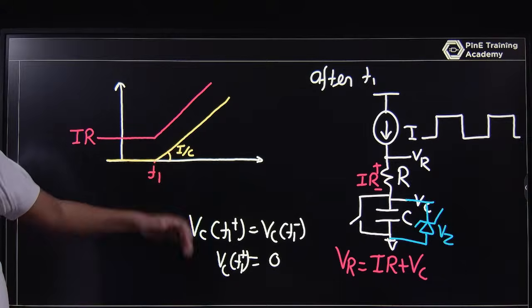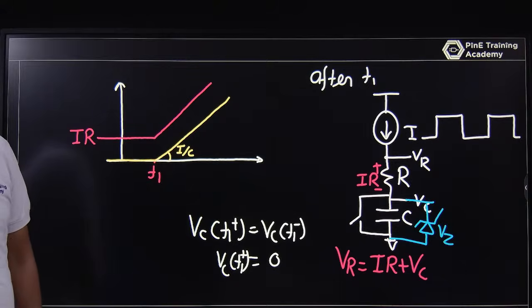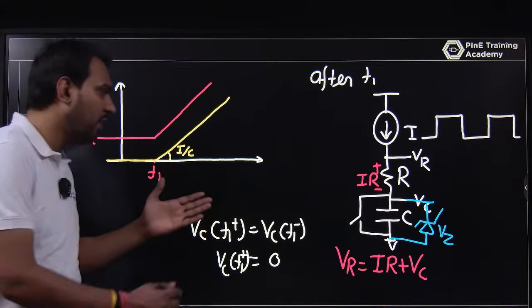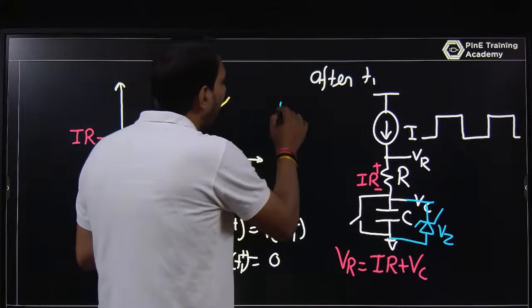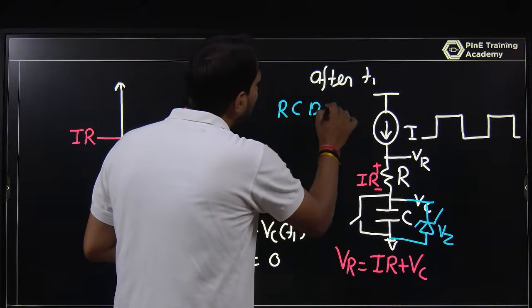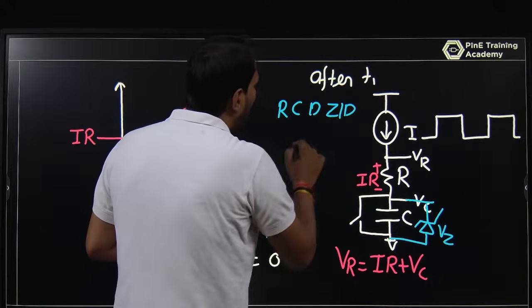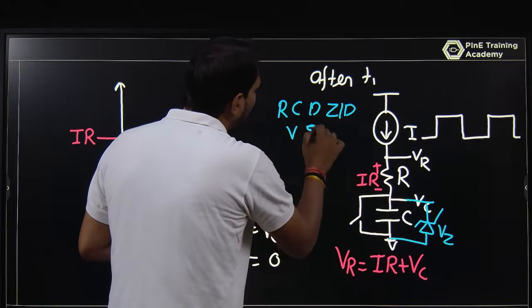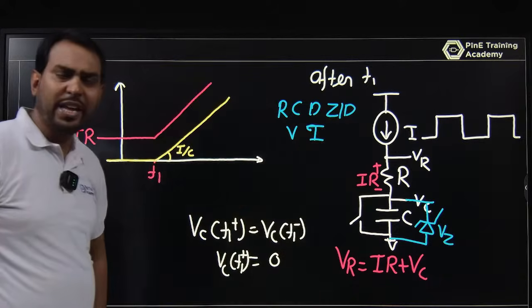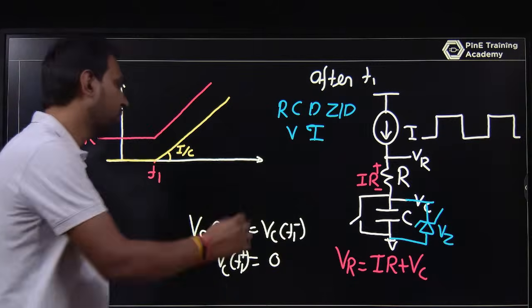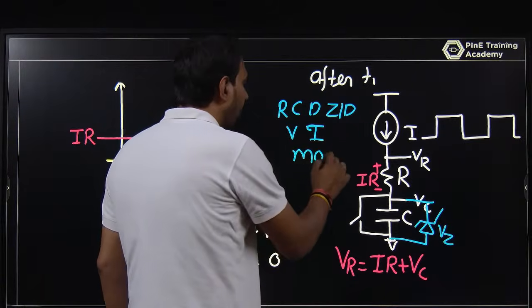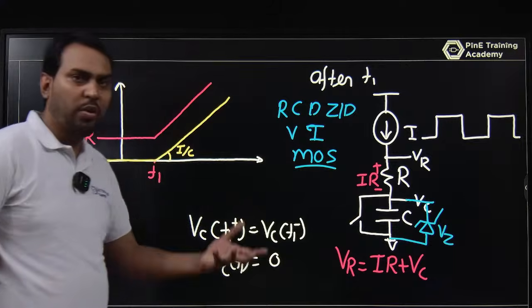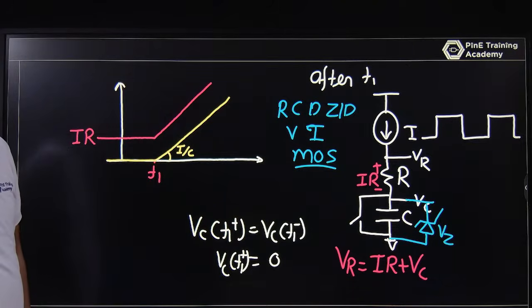Okay, so we have a lot of ways. But firstly understand, we will only use R, C, diode, Zener diode, voltage source, current source. These are the basic elements only, and MOSFET, of course. By this only you can generate your own design as per the requirement.